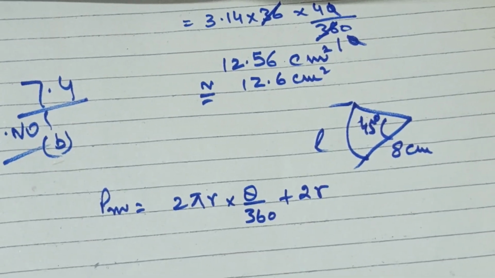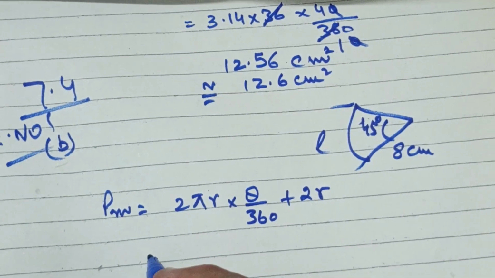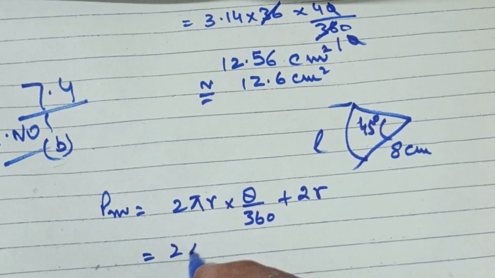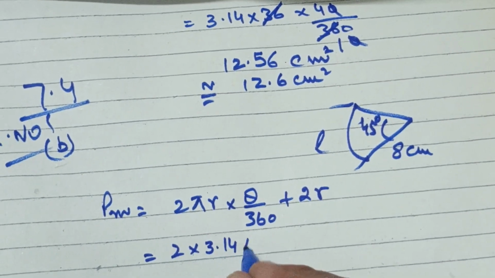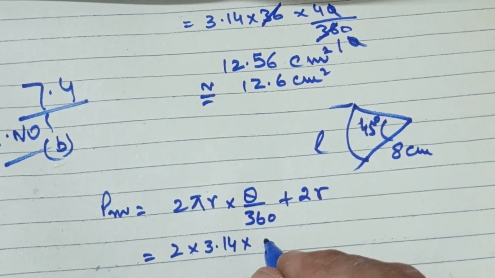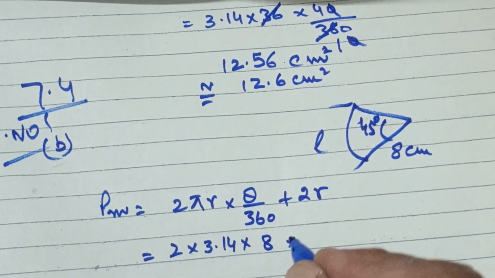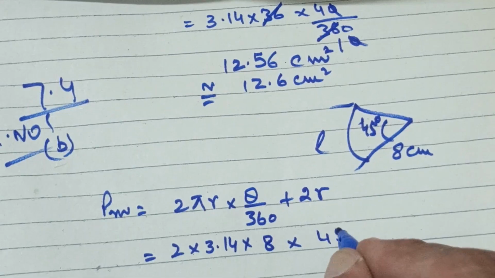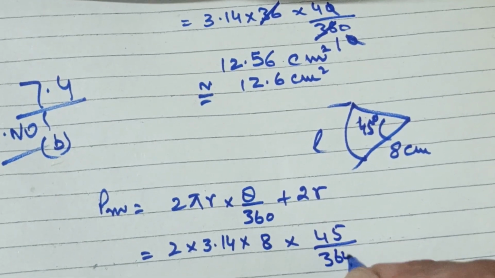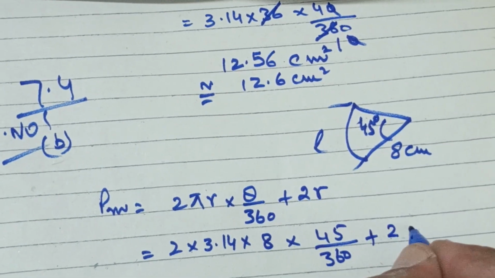Just substitute the values. 2 multiplied by 3.14 multiplied by r, which is 8, multiplied by theta, which is 45, divided by 360, plus 2 into 8.